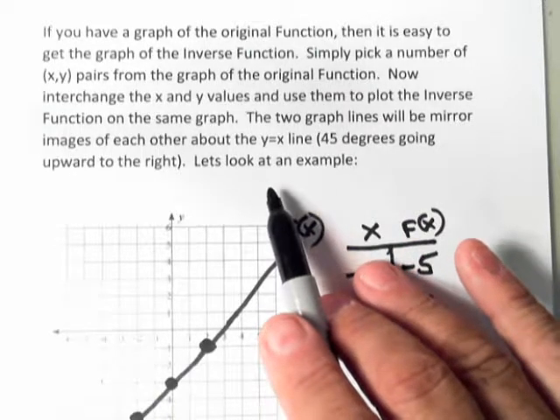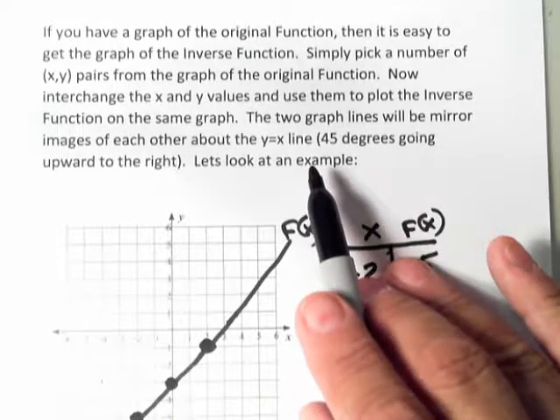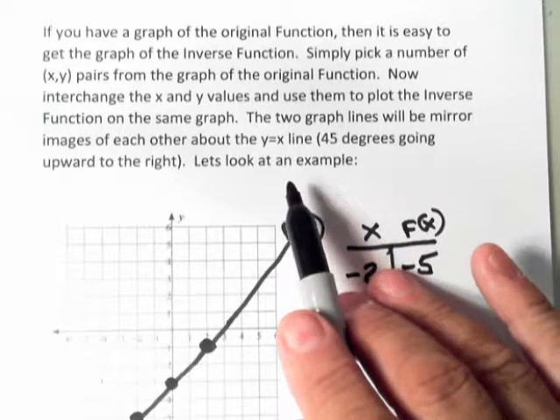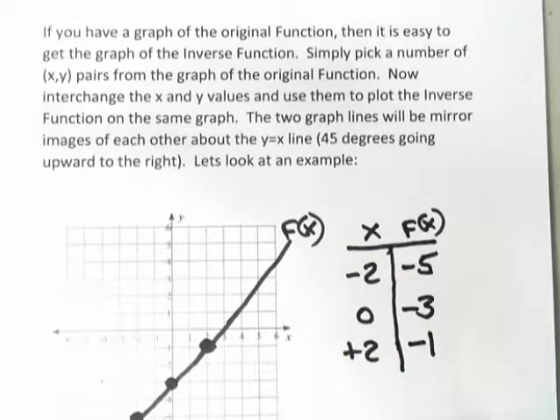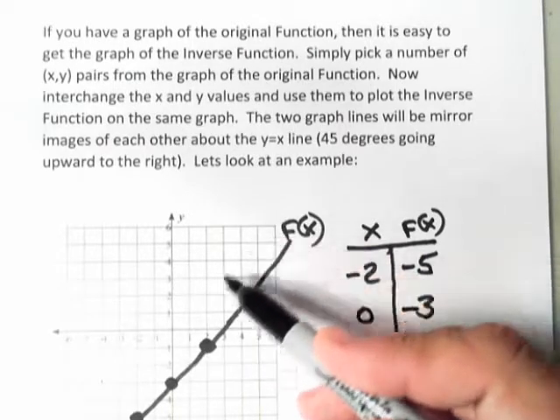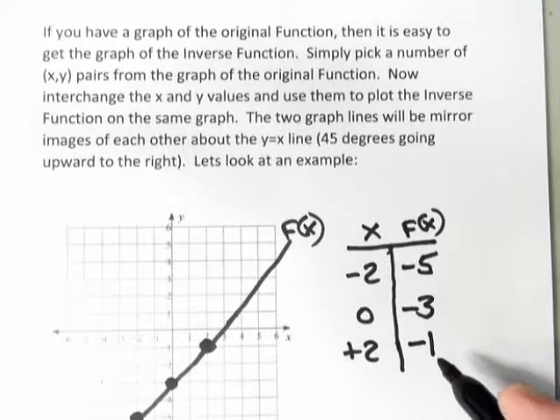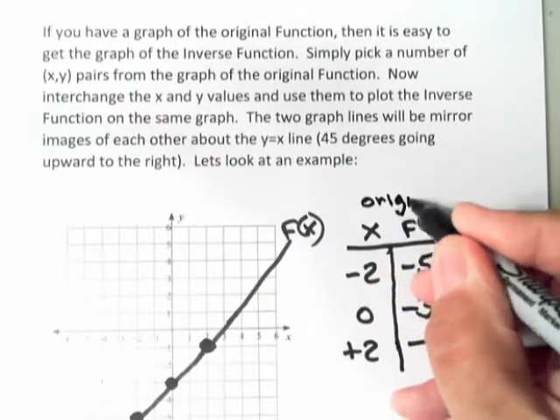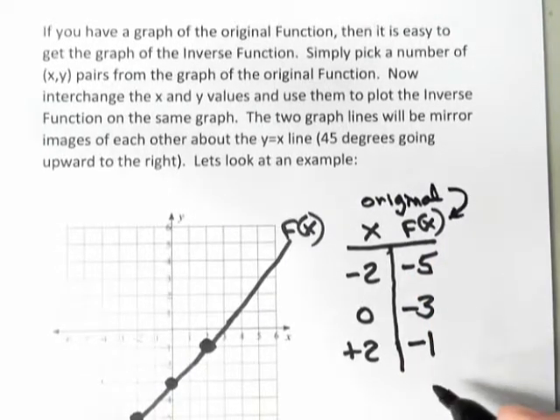We're going to do that, and then we're going to graph those xy pairs, and we'll find out that the line that we get is going to be symmetric about the line y equals x, about the 45-degree line here. One step at a time. Okay, so anyway, here's the original function right here, the f of x.